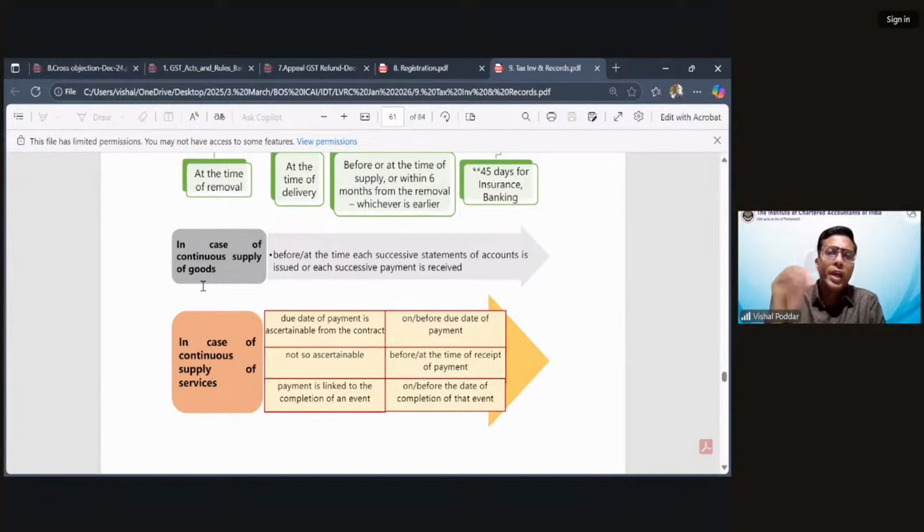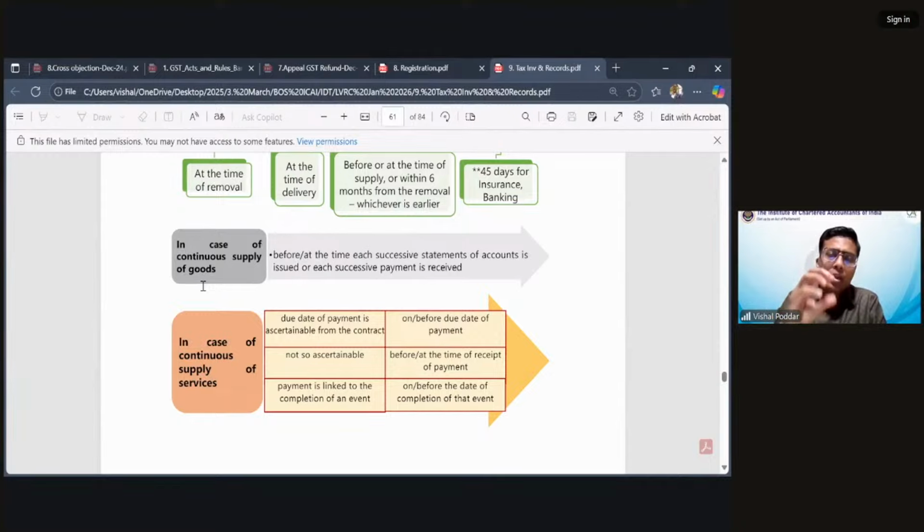Means what? We have agreed that I will keep on sending the goods periodically or on a recurring basis, and the contract or the agreement between us is such that we have also fixed a date when we will settle our accounts to find out how much is payable or receivable. So this is the concept of continuous supply of goods.